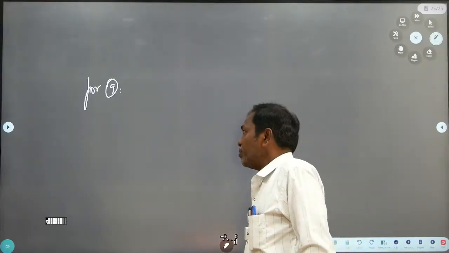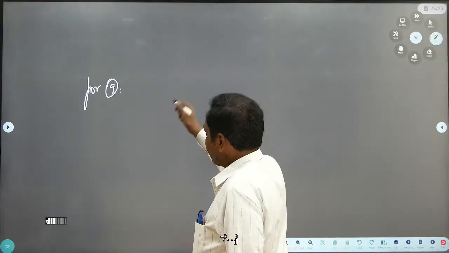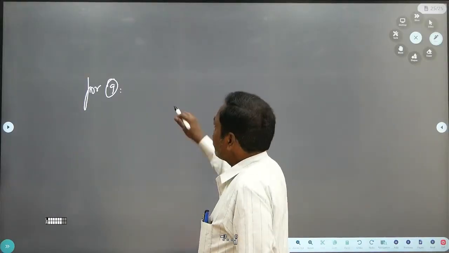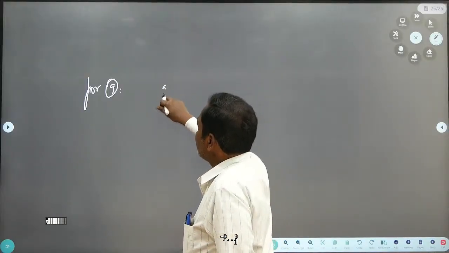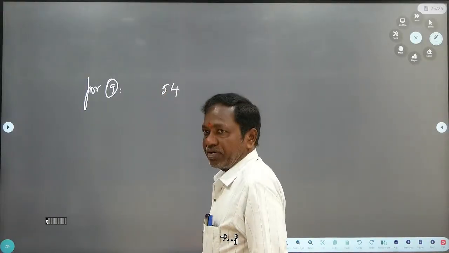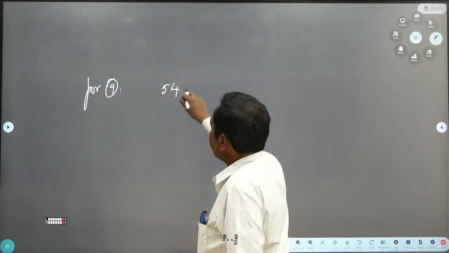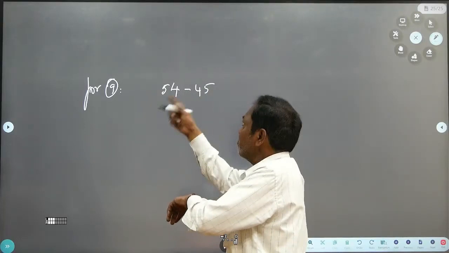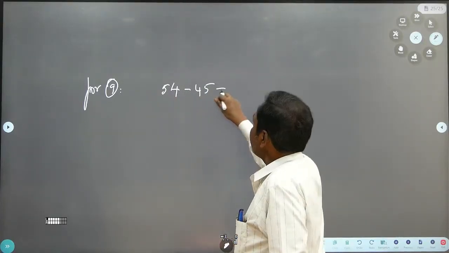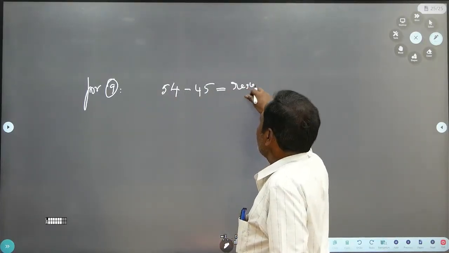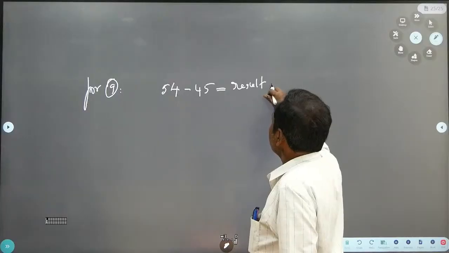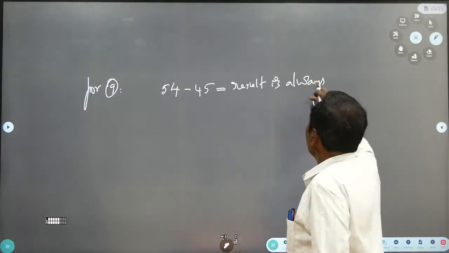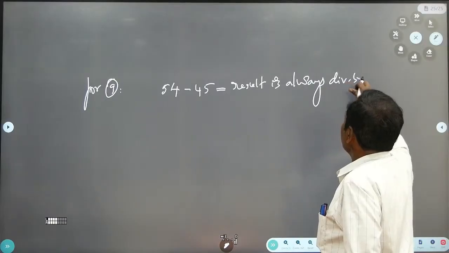See, for example, if you take any 2-digit number, say 54, and reverse the digits and subtract from the original number, the result is always divisible by 9.